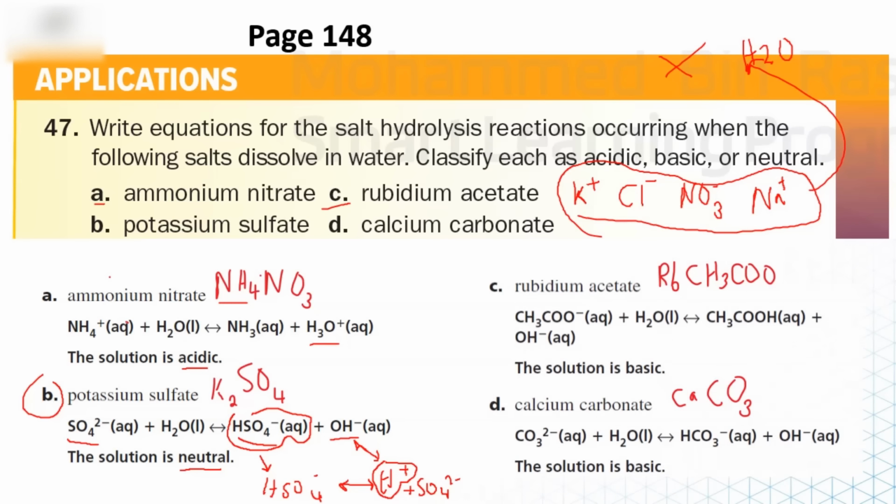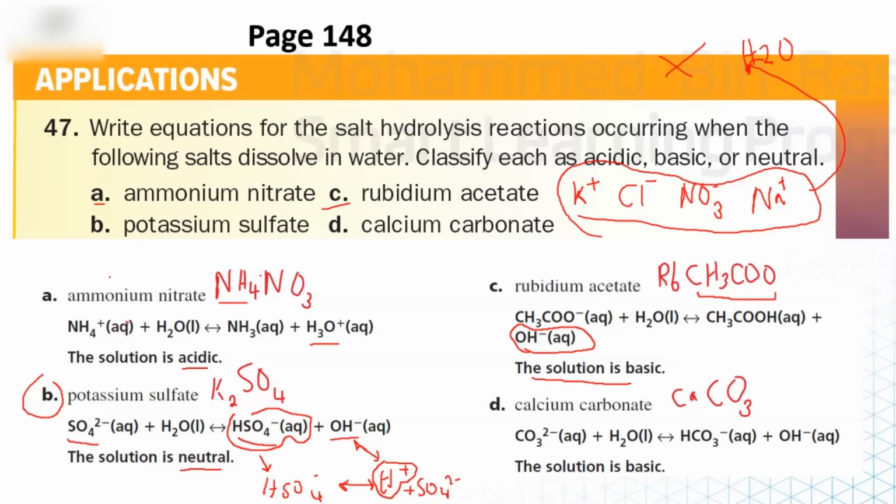Now, for rubidium acetate, you should now know that CH3COO minus is going to react with water and it will produce OH minus, and the solution here is going to be basic.